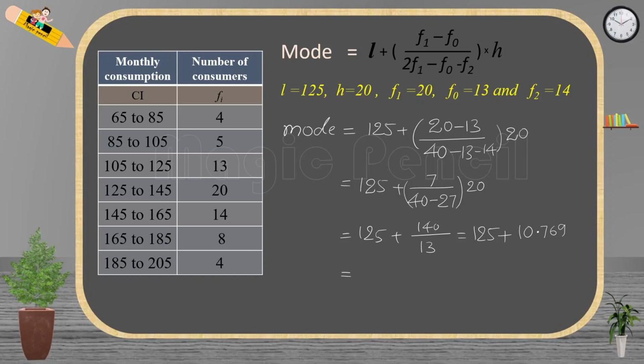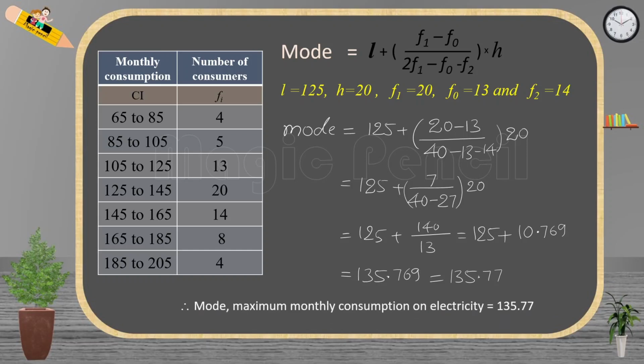Now when you add 125 with 10.769, you get 135.769, and you can write approximately 135.77. So mode, which is nothing but the maximum monthly consumption of electricity, is equal to 135.77 rupees for this given data.